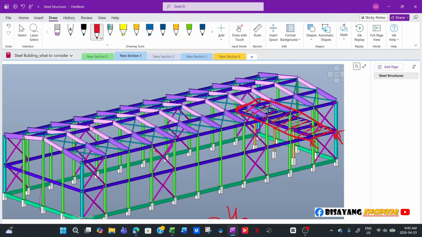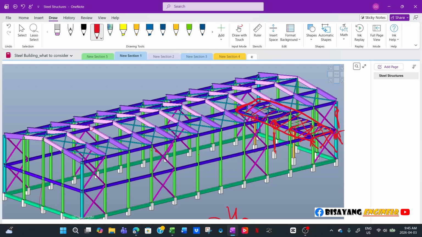So it's either a moment frame here, like for this interior column, the yellow one, you will have at least one base moment frame so that it can resist lateral load. And on the other side, you could have a lateral bracing, a cross bracing, or if you rely on the bending capacity of the column, that's fine as well.